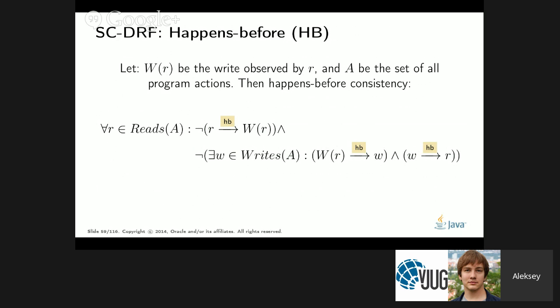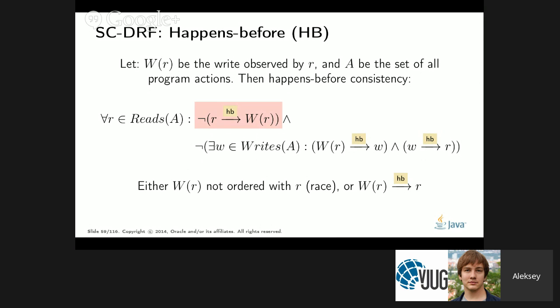It actually says that if I have the set of all program actions, which is A, and I have the function W, R, which returns me the write observed by R, happens before consistency says that for each read in all the program actions, one of two things is true.